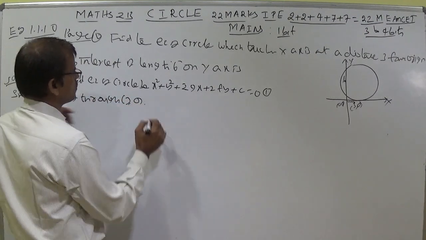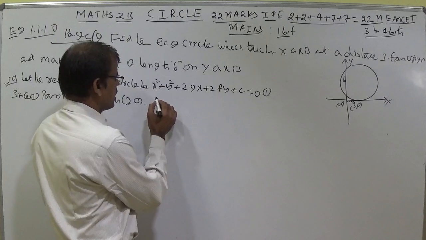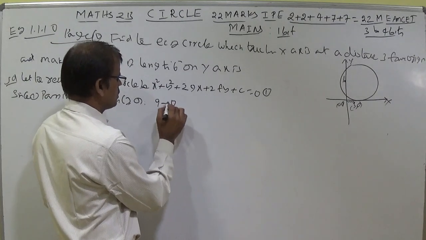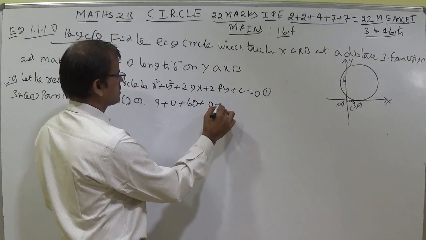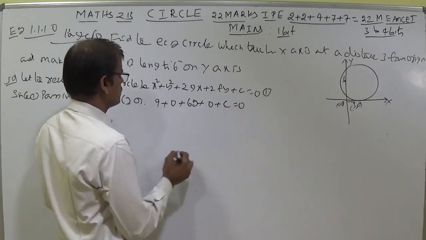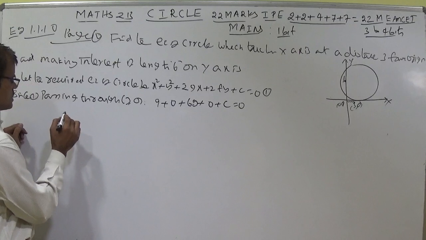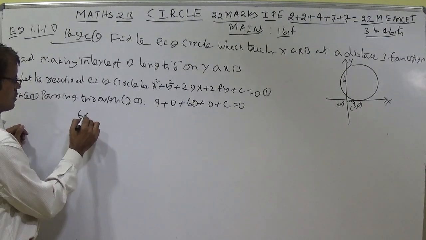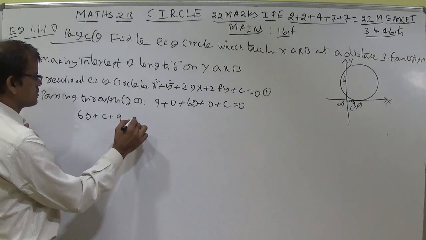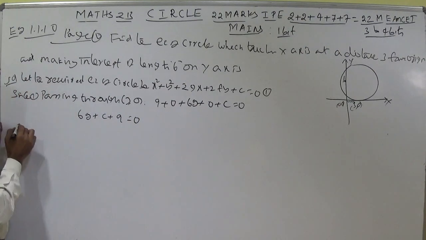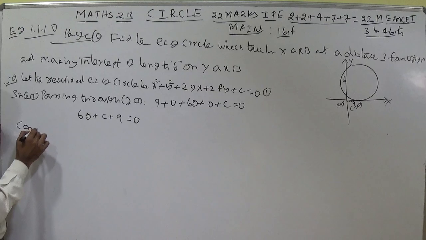Substitute here: 9 plus 0 plus 6g plus 0 plus c equal to 0. Now you can say 6g plus c plus 9 equal to 0.